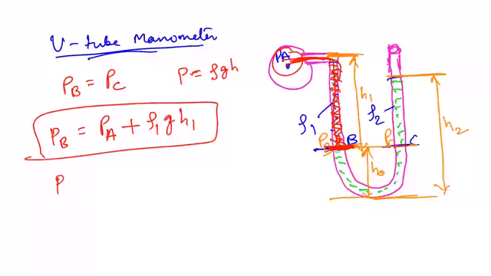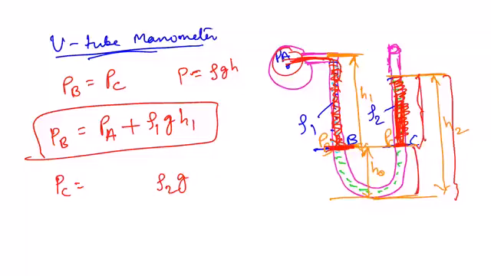Similarly, the pressure at C can be found. Here I have some manometric fluid, which will impose some pressure on C. The density for that is ρ2, times g, times the height here. The height we get here is H2 minus H0.